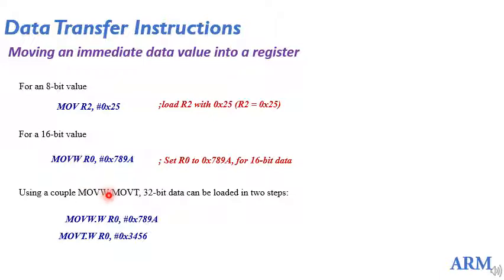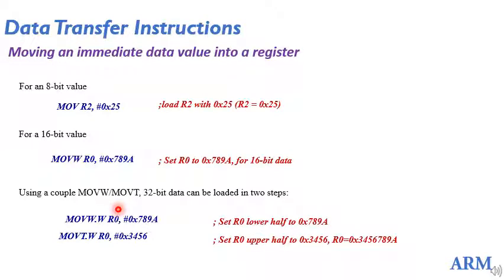MOVW.W R0, #0x789A will move this 16-bit value into the lower half of R0. That is, this 789A will be stored in bits 0 to 15 of R0. Okay. And the second instruction is MOVT.W R0, #0x3456. MOVT means move top.